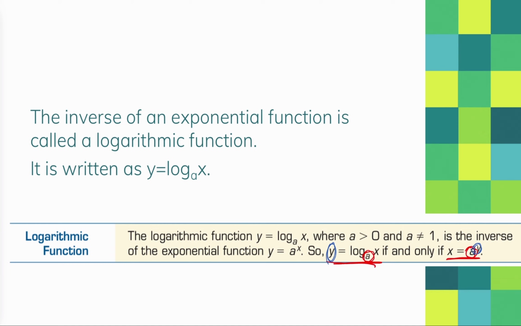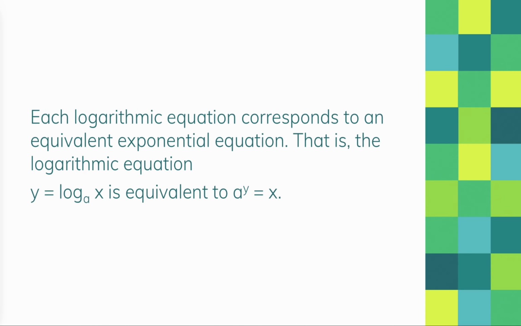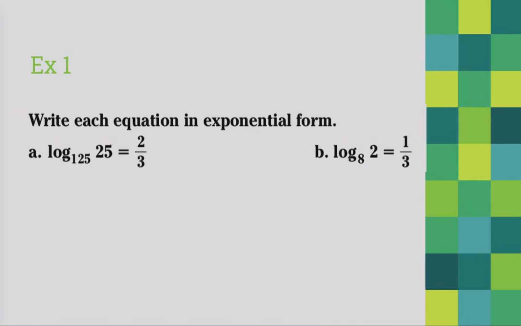And then what your exponential function is equal to is the argument of your log. Each logarithmic equation corresponds to an equivalent exponential equation. So that's what we just said.